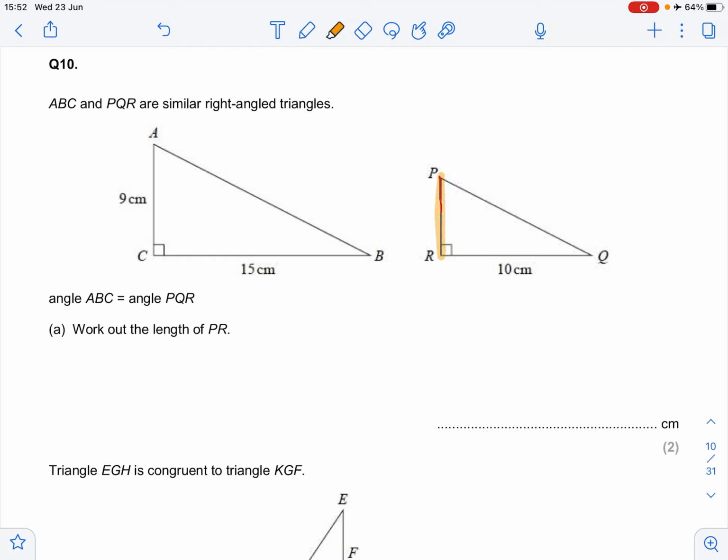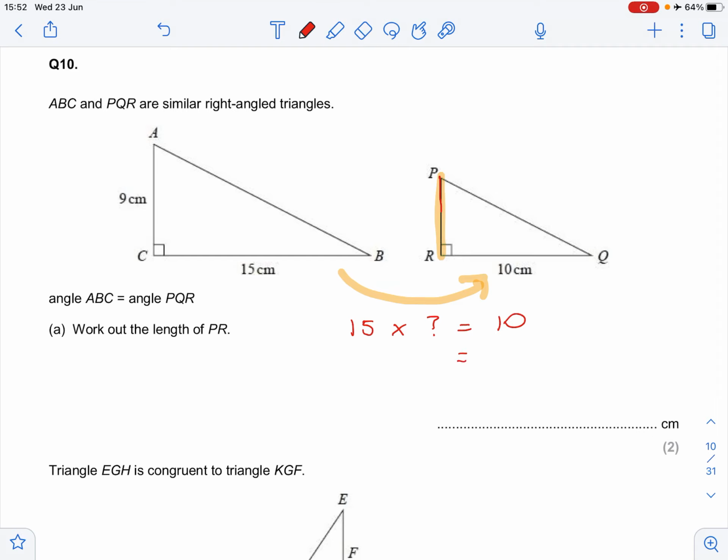So we want to find this length here. What is the ratio? What do we multiply to get from 15 to 10? So what is our scale factor? 15 multiplied by a number would give you 10.